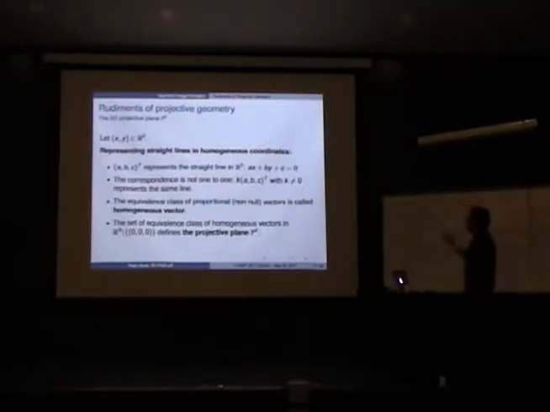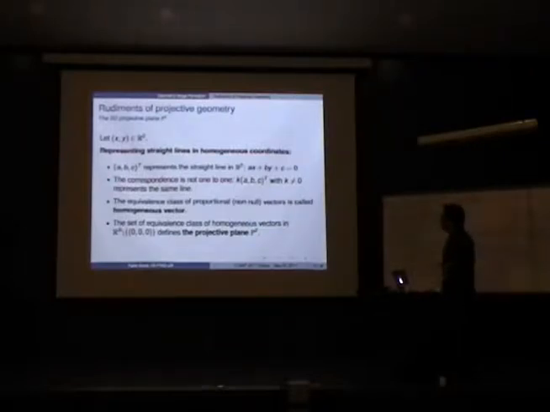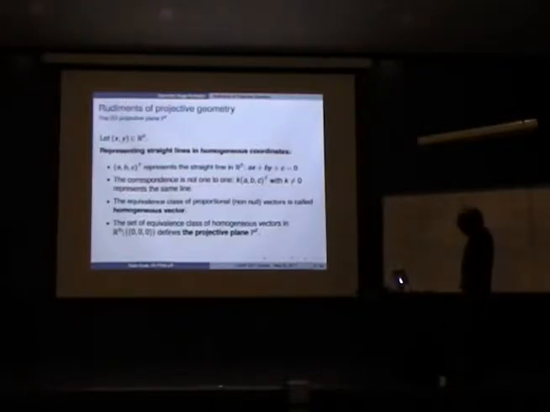So if we work with the equivalence class of these proportional non-null vectors, we have what is called the homogeneous vector that represents a line. The set of all these equivalence classes defines what is called the projective plane.